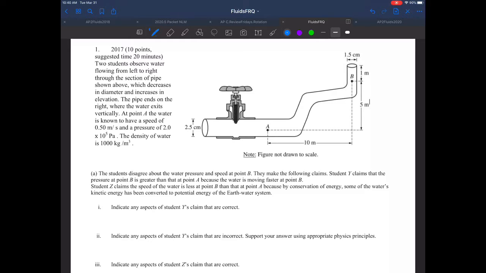Okay, here's a student argument question. When you get a question like this, it's best to develop your own argument first so that you're not convinced of something that might be incorrect. Looking at our system, we have water flowing through this larger area region. Notice that this is a diameter measurement.